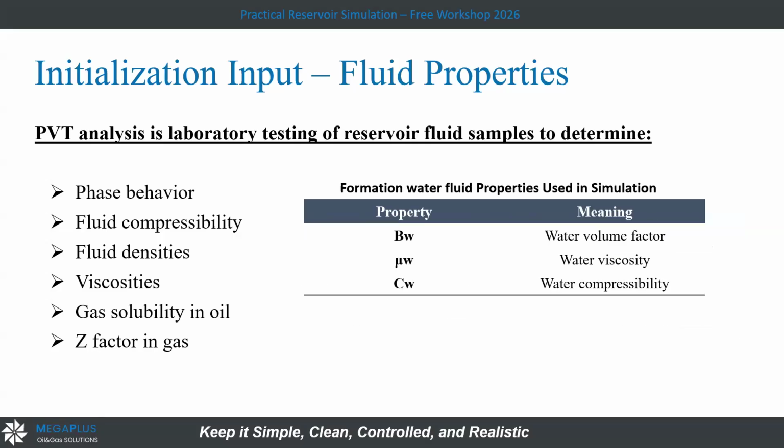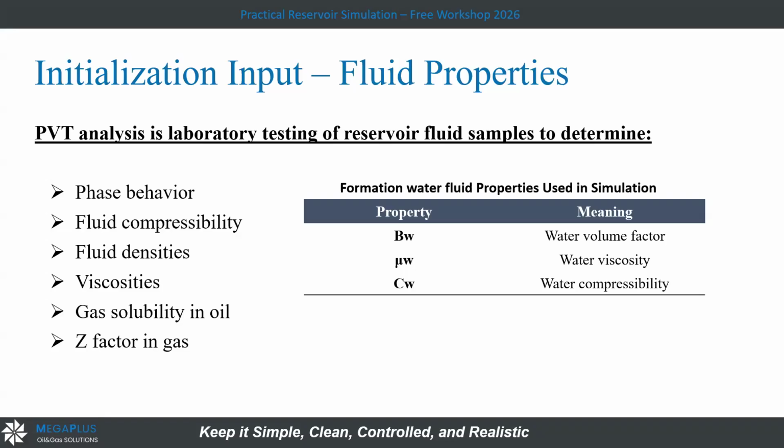Also in the formation water, we are concerned about the formation volume factor of water, which could be about one, and the compressibility of water, which is very low and can be negligible. But as an average in the standard, we assume something like 2 times 10 to the power -6. And the viscosity of water will be 1.